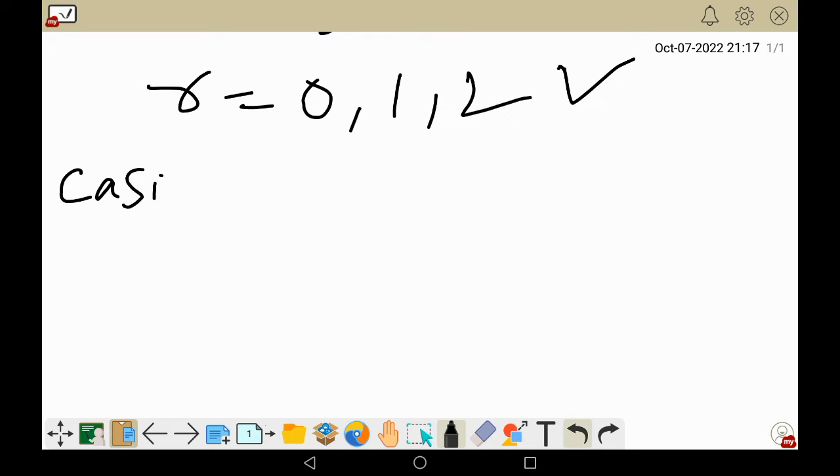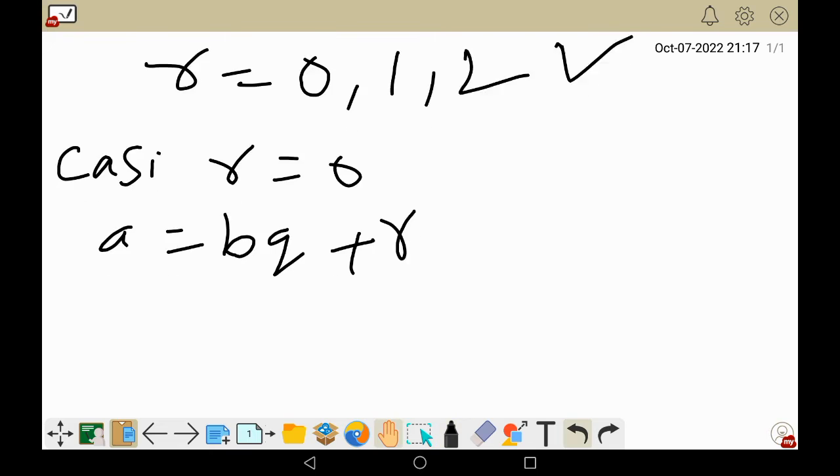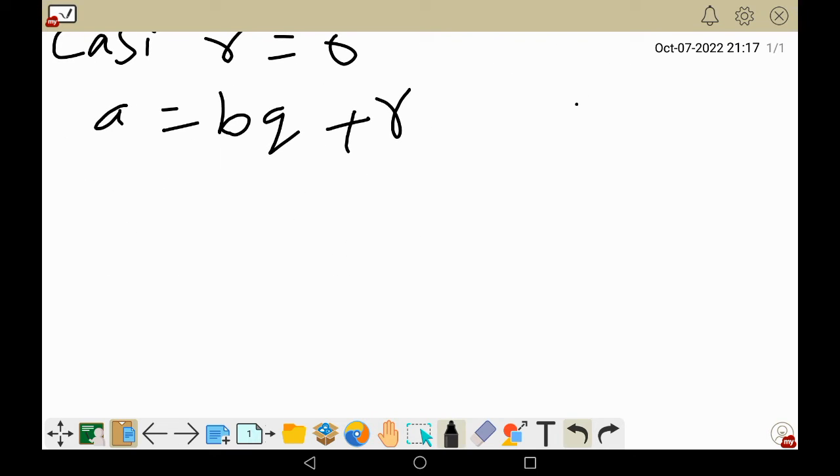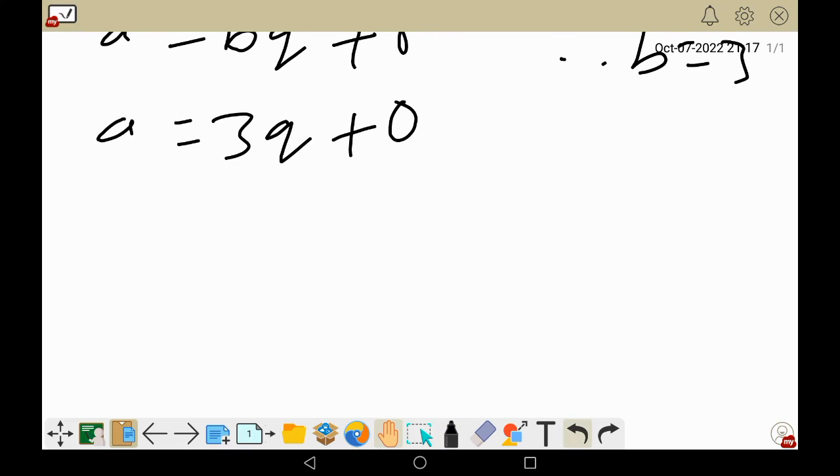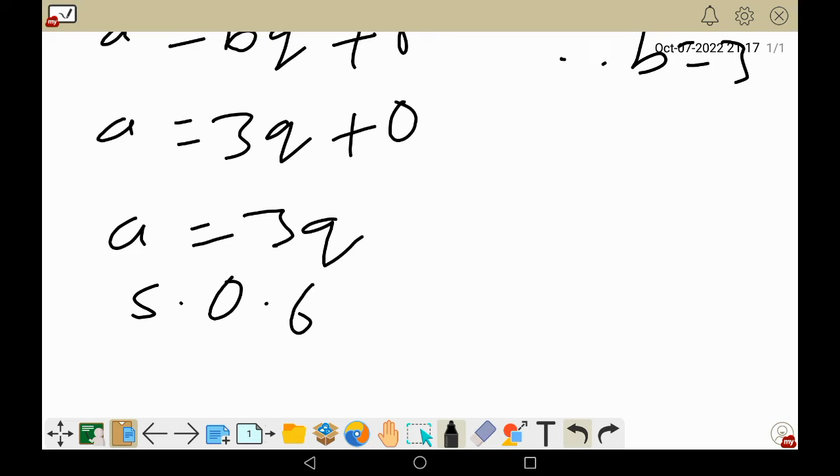Case 1, R is equal to 0. We know that the division lemma equation is A is equal to BQ plus R. The value of B is equal to 3, the value of R is equal to 0. A is equal to 3q plus 0, so A is equal to 3q. The question says the square of any positive integer, so take squaring on both sides.